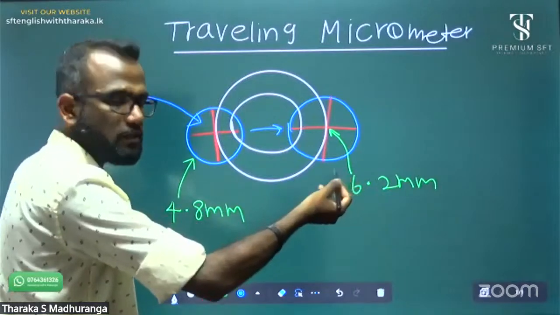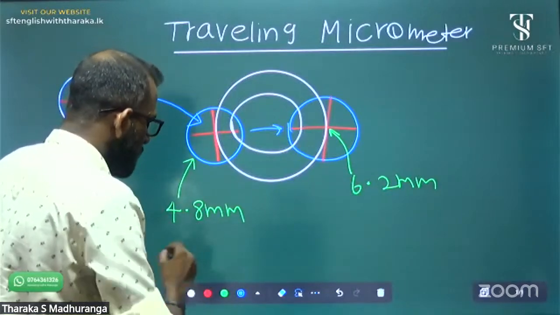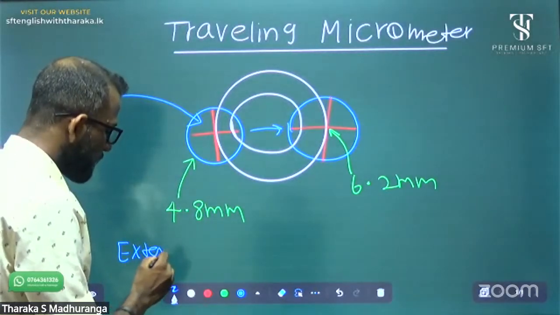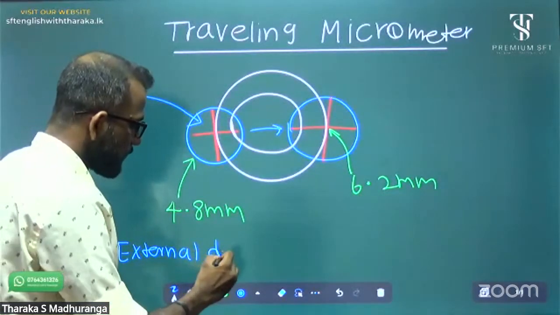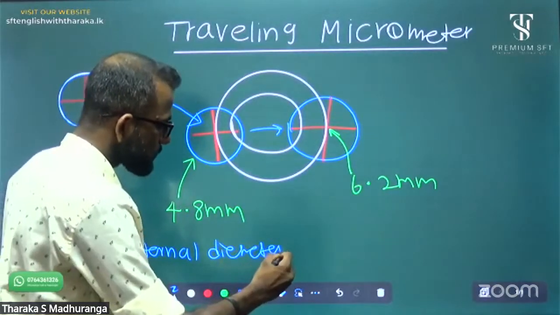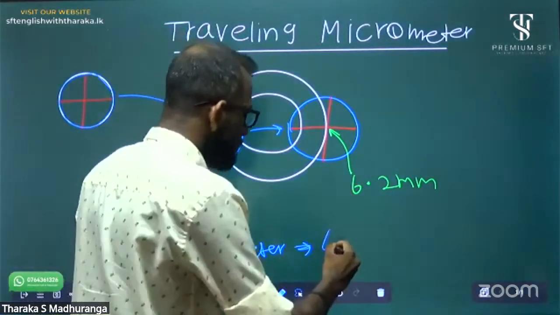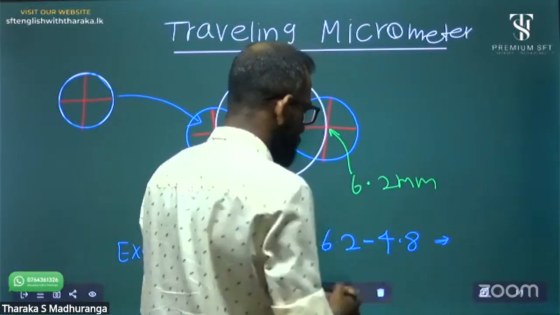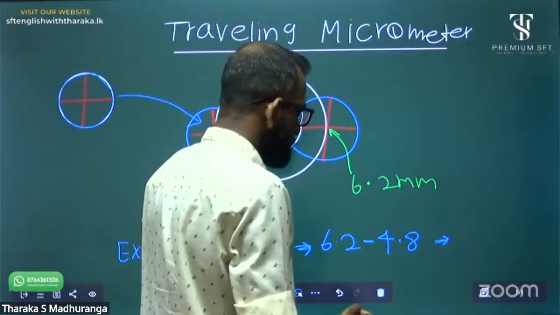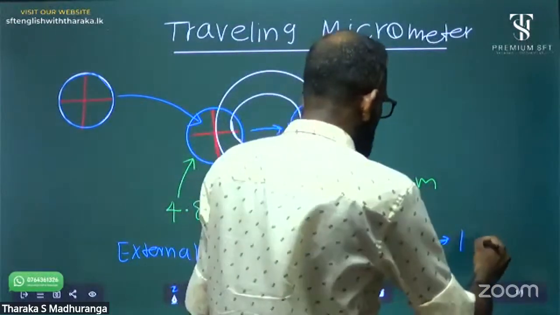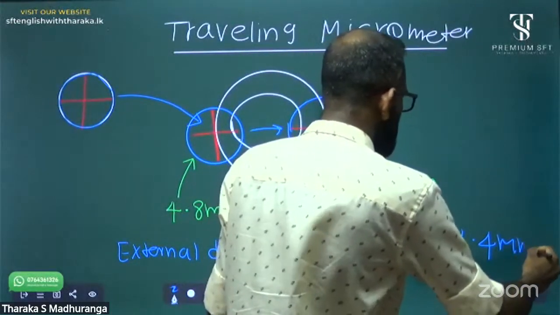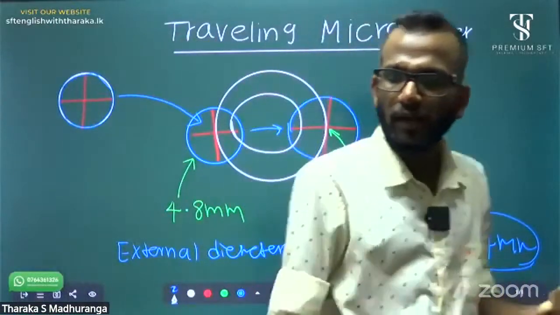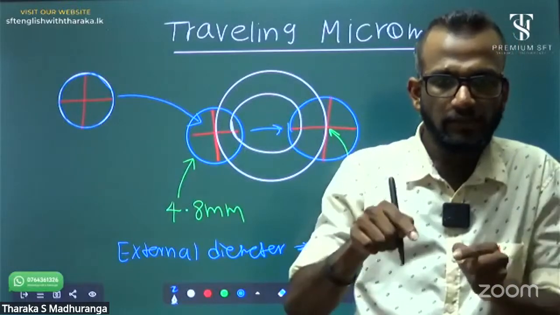Then the external diameter we can say is 6.2 minus 4.8 equals 1.4 millimeter, the external diameter of this rubber ring.